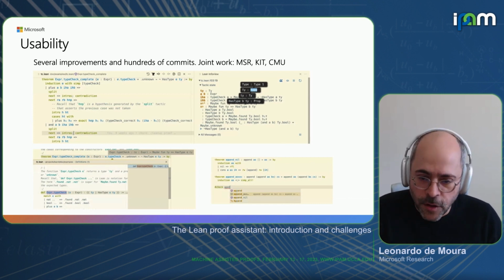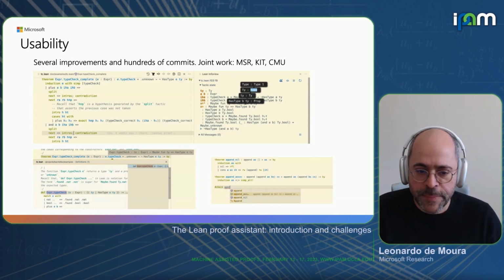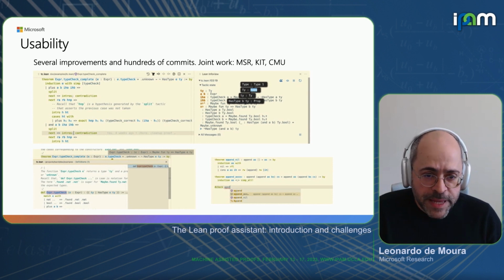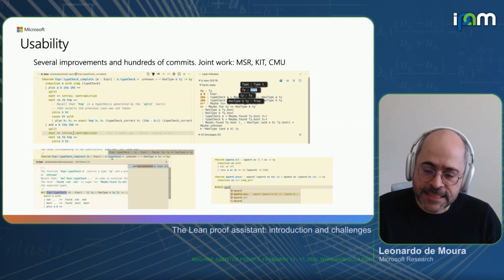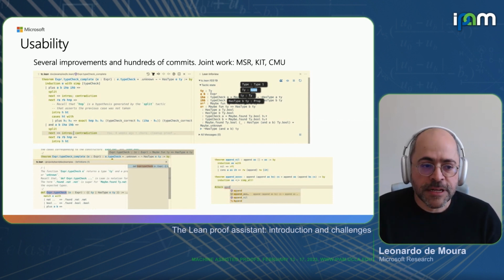Usability is another important topic, to make this system accessible and more attractive to a bigger audience. We made several improvements, and there are many commits. This is joint work with Microsoft Research, KIT, CMU, people from all these different organizations contributing to make Lean more accessible.